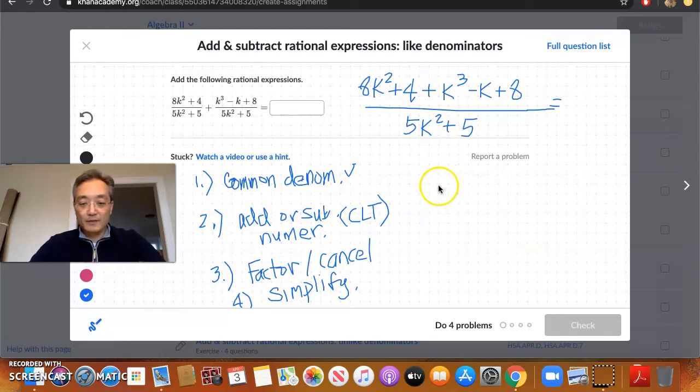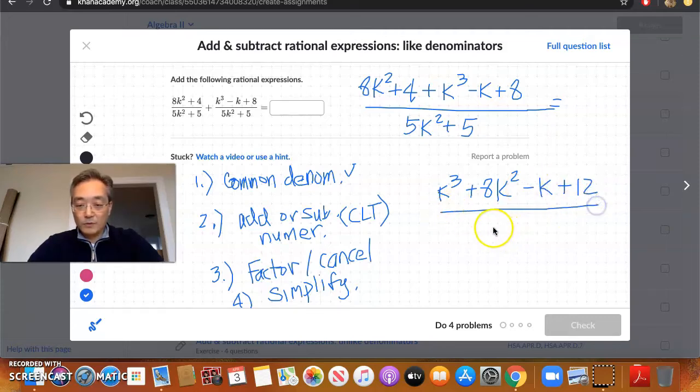So we're going to have k cubed plus 8k squared, and then minus k plus 12, right? Like that. All over 5k squared plus 5. Okay?